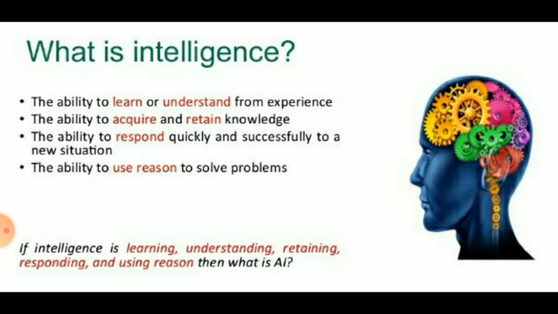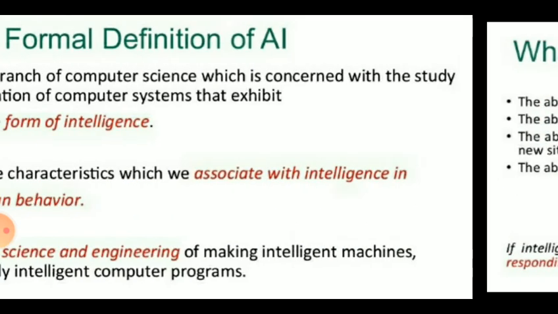It is the ability to respond quickly and successfully to a new situation, or the ability to use reason to solve problems. Now, if intelligence is learning, understanding, retaining, responding, and using reason, then what is artificial intelligence?